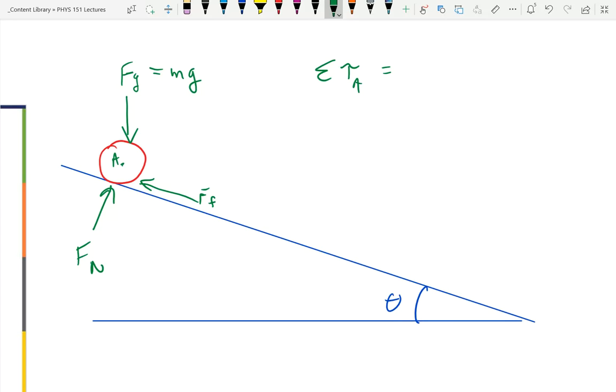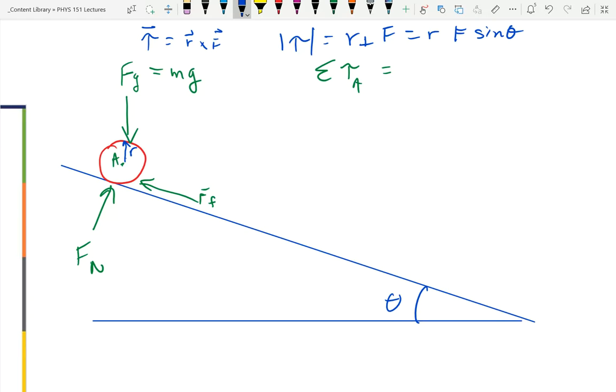Remember, torque has an equation. I'm going to write the equation here. Torque equals r cross F. You have to put the vector signs or it means something different. And so if we want the magnitude of the torque, it's equal to r perpendicular times F, or rF times sine of the angle between the two. Okay. So if my picture had been drawn accurately, the radius from the center to where the force acts would be vertical.